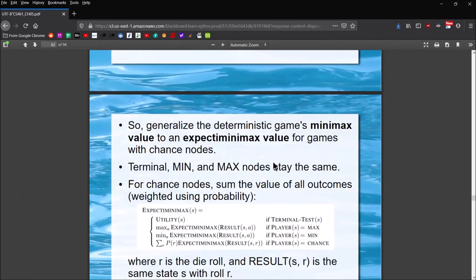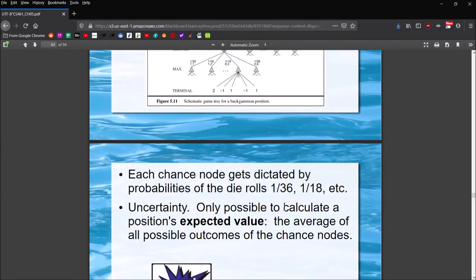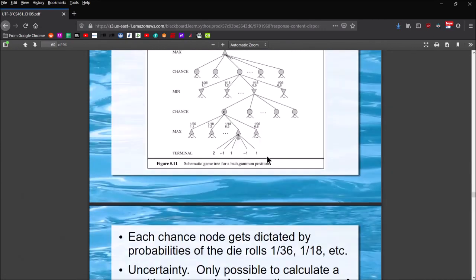So what we need is a generalization of the deterministic game's minimax value, because we have to come up with a generalization of the utility values of eventual positions, based off of what the odds are.